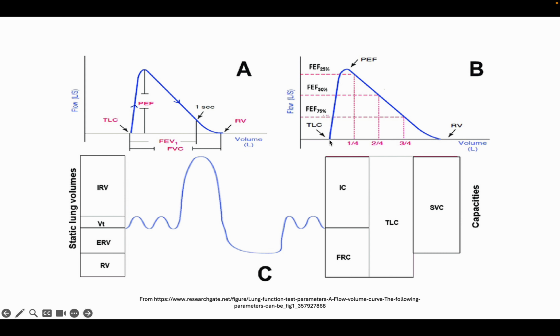So 1/4 of the way through your vital capacity, halfway through, 3/4 of the way through. The difference between FEF 75 and FEF 25 can be a thing, or possibly FEF 25-75 is the average of the two. I don't really remember. I'm not a pulmonologist. You can tell how often FEF 25-75 comes up in the things that you're about to do, which is not very often.